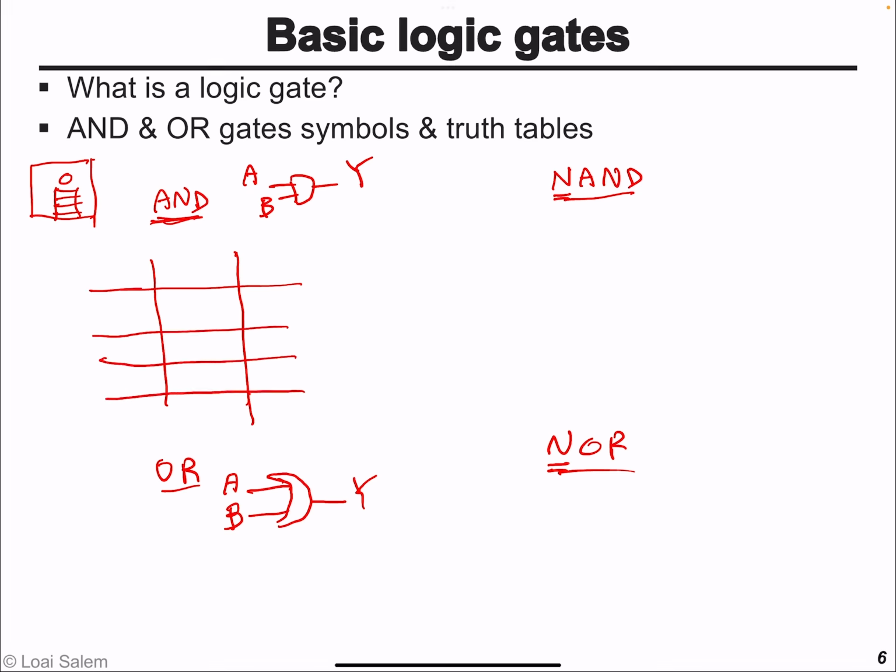Let's say we have the light sensor, and we said if it's dark, it's going to output 1. If there's light, it's going to produce logic 0. And then the motion sensor, and then we have the output of the gate or the circuit. Since we have two inputs and each input can be either 0 or 1, we have four possibilities: 0 0, 0 1, 1 0, 1 1.